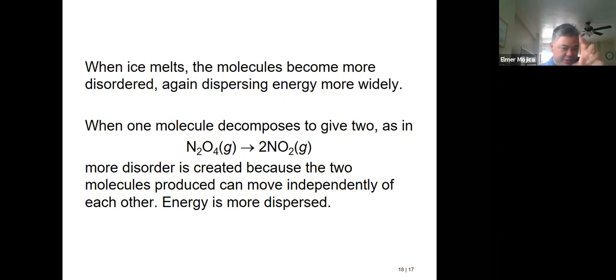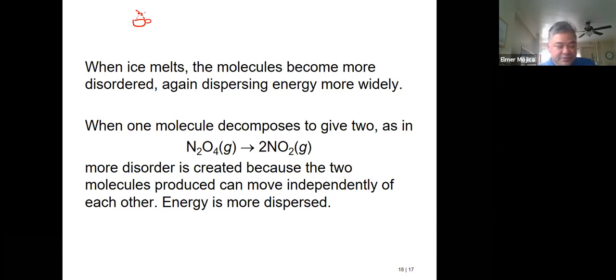So let's say, before I go to the ice melting, when you have a cup of coffee, as the heat moves from your hot coffee, the molecular motions become more disordered. And in becoming more disordered, the energy becomes more dispersed. So you just disperse the energy.